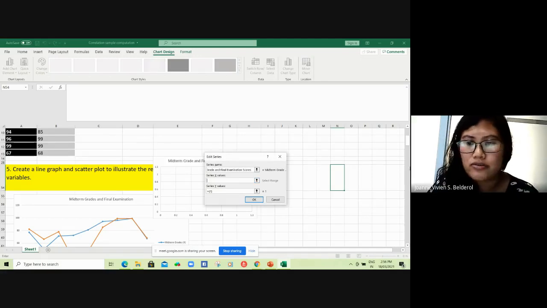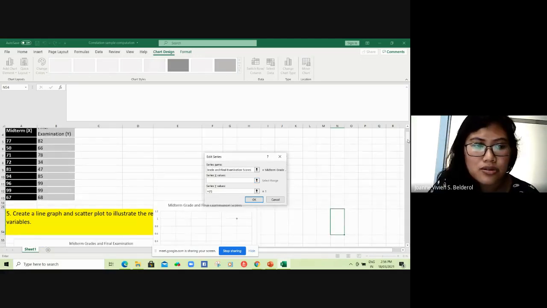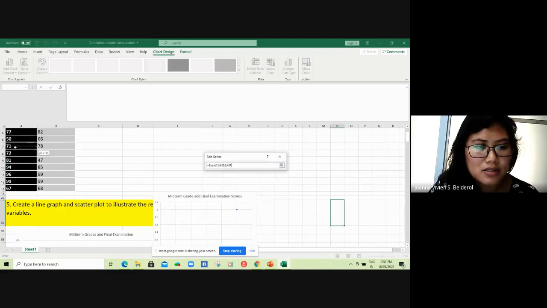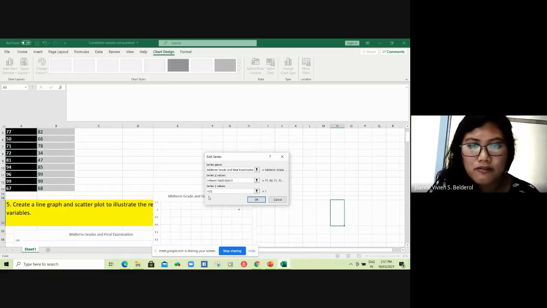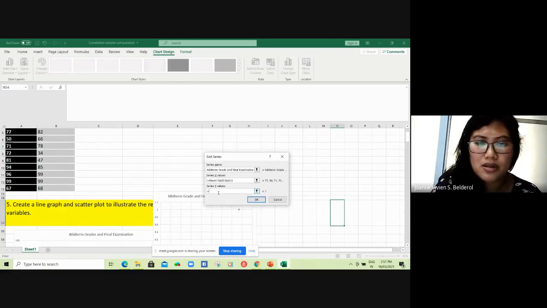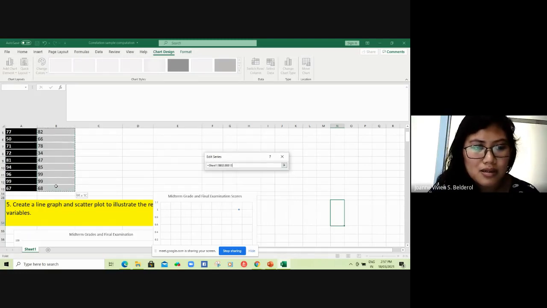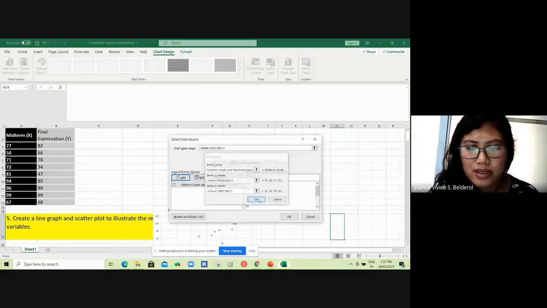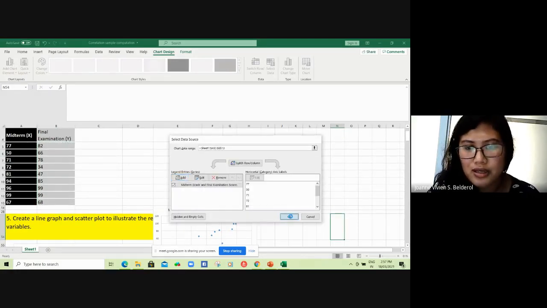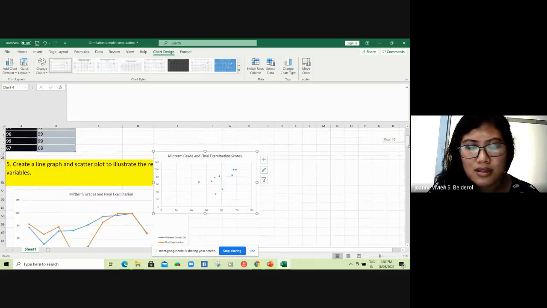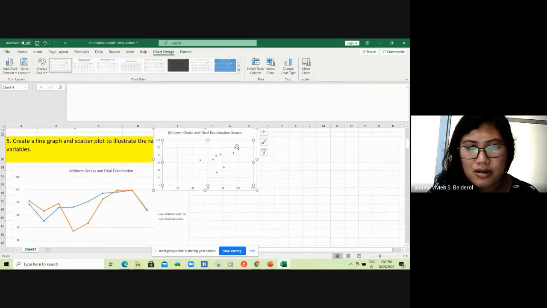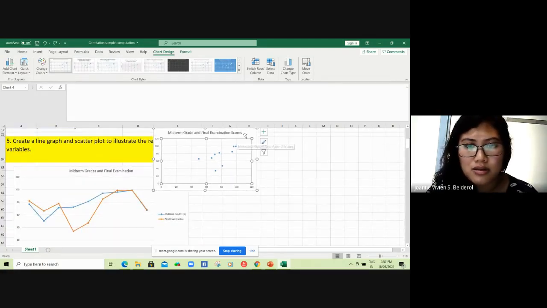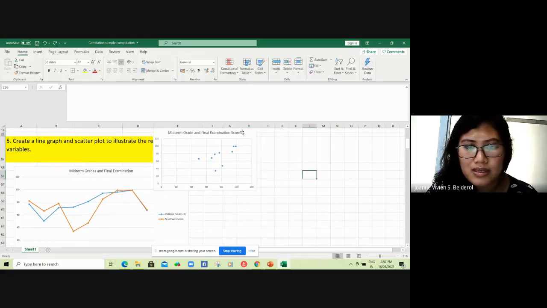For your X values, you just select your X values. For your Y values, here, this one first, and then select your Y values. Then you click OK. And you have here your scatter plot.